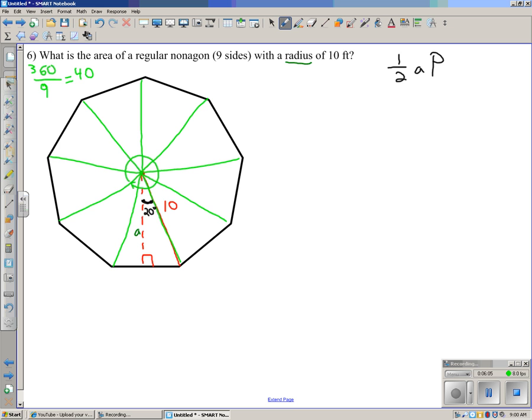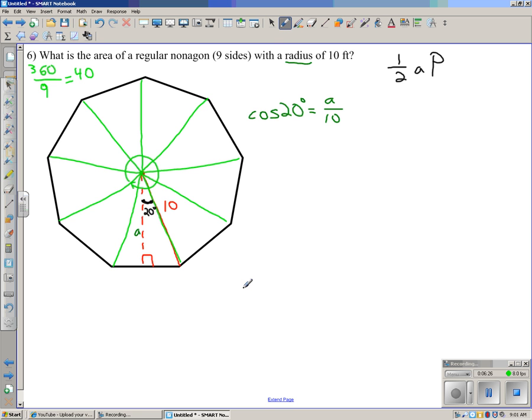That's the apothem. I have to use trig again. The apothem is adjacent. The 10 is the hypotenuse. So I'm going to use cosine. So this would be cosine of 20 degrees equals adjacent, the apothem, over hypotenuse, which is 10.